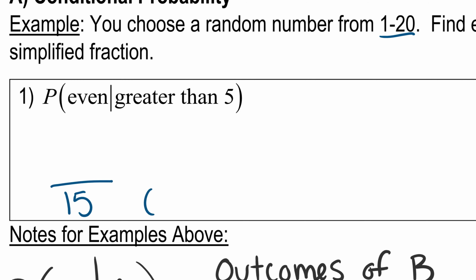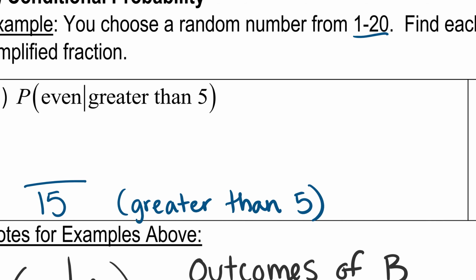Okay, and these are greater than 5. And you don't have to write this part in parentheses if you don't want to. This just explains where that number came from. So 15 is how many numbers are greater than 5. Now, out of those 15, how many are even? Okay, well, if you want to write them out, you can. So I skip 1 through 5, so I'm going to start at 6.